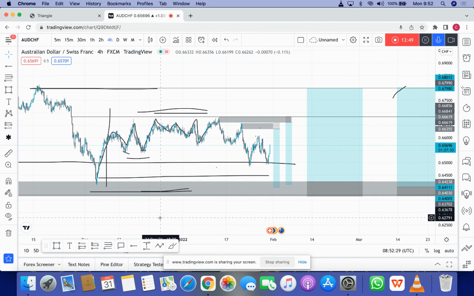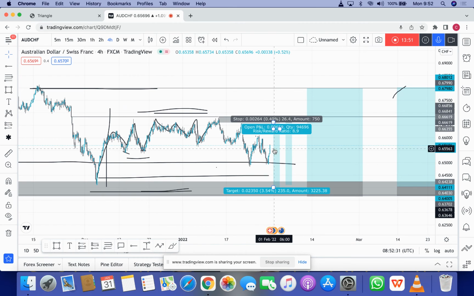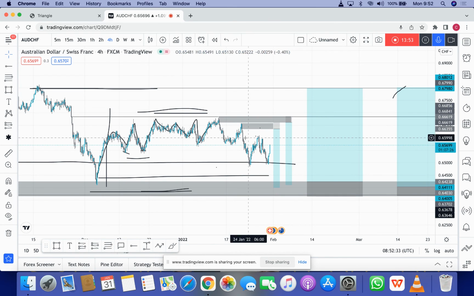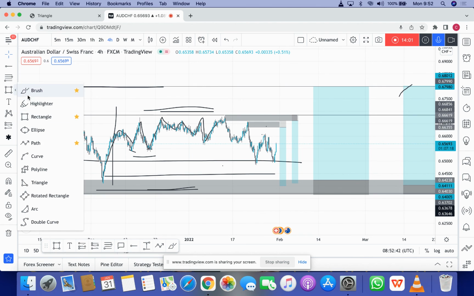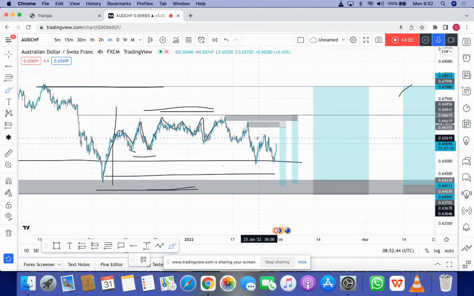Okay, so this is our position right now. So we are looking at price to come up here to grab liquidity, to fill fair value gaps here, to mitigate here or here, whichever one happens.